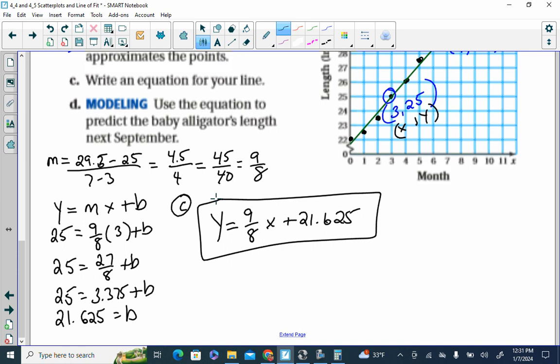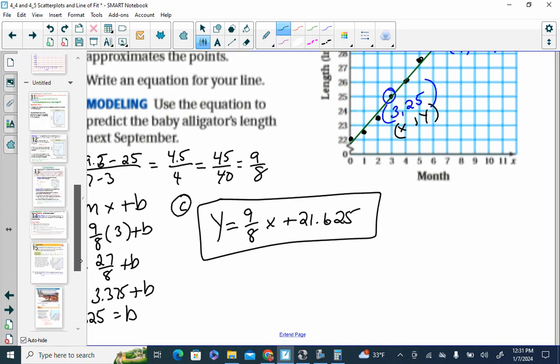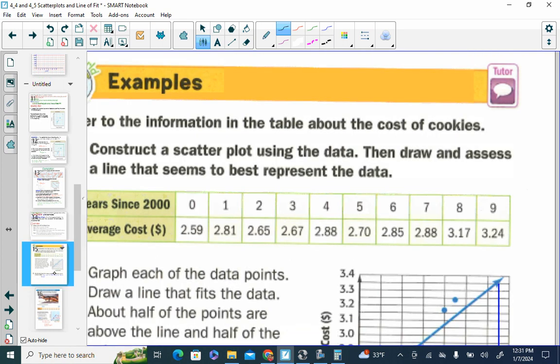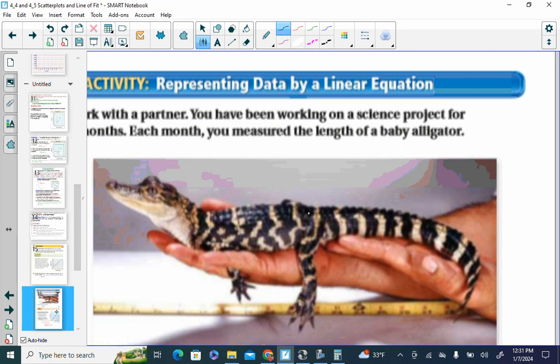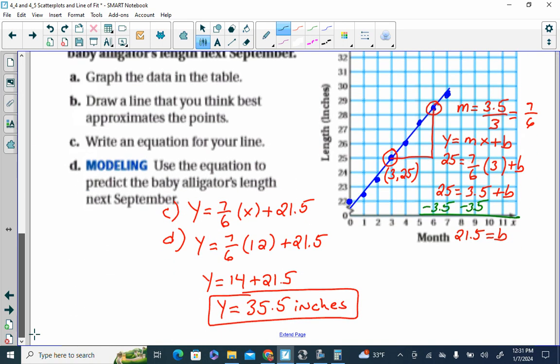Now I'm just going to show you what my equation looked like for the notes, because it's a little bit different. So when I did this problem to prepare my notes, that is this problem here with the alligator. My slope was 9/8 here. In the notes my slope was 7/6. 7/6 is 1.16, and 9/8 is 1.125.